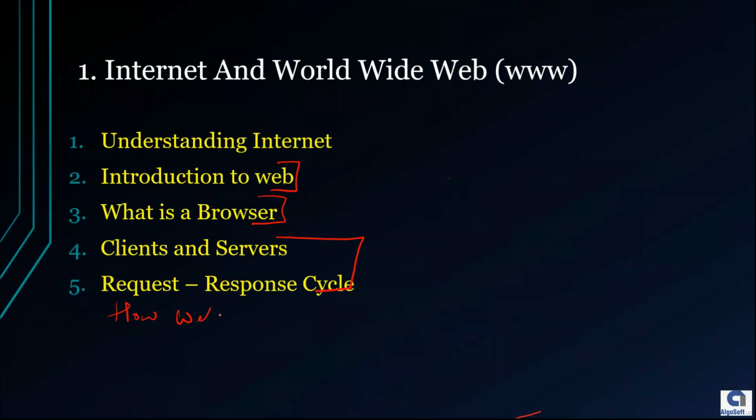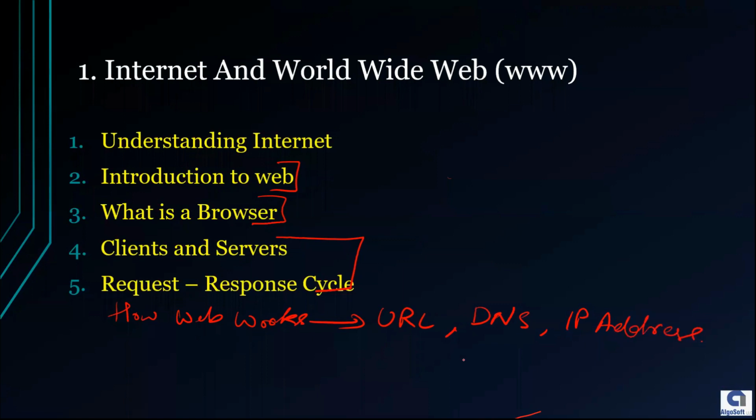This part would cover your URL, your DNS, your IP addresses, what all these are, what is your ISP, Internet Service Provider, and how the entire flow is happening using all these technologies. So that would be the last subsection of this section. Most probably in 2 or 3 lectures, we would cover all these subsections.